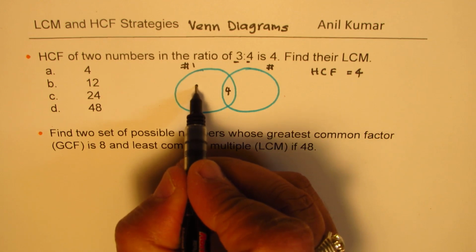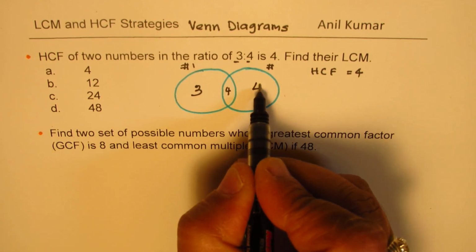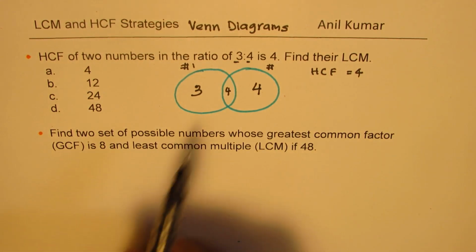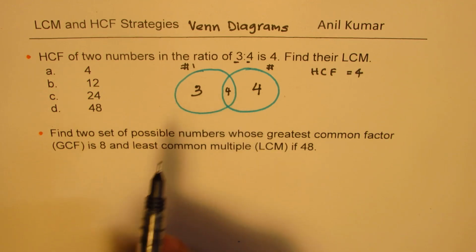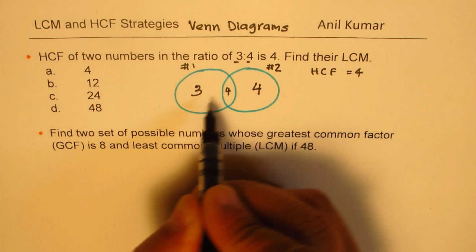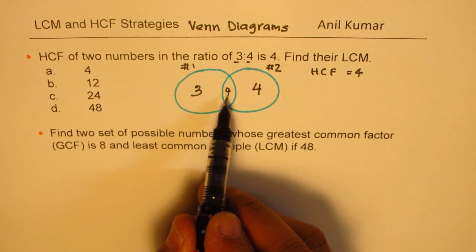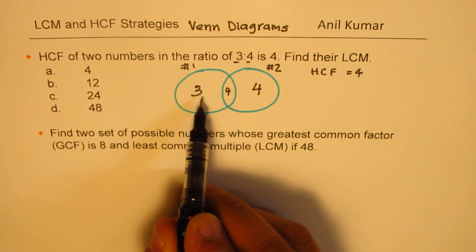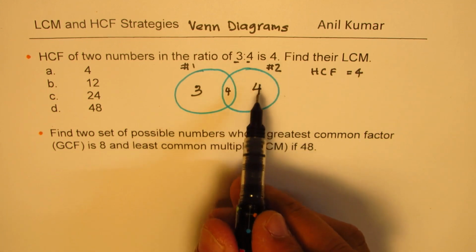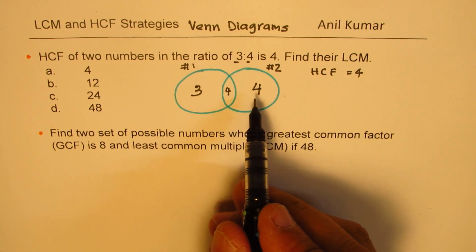So this number could be 3 and that number could be 4, right? So if I give a combination like this, then what is my first number? These are the factors of that number, right? 3 times 4, which is 12, right?